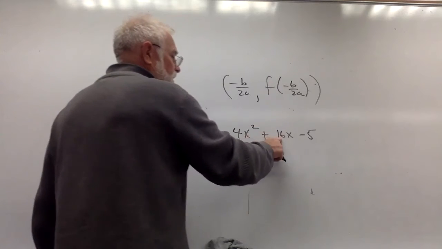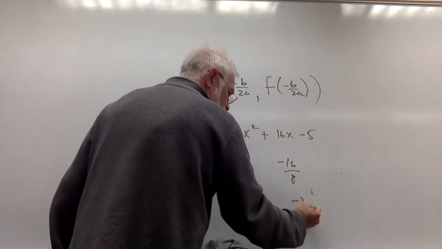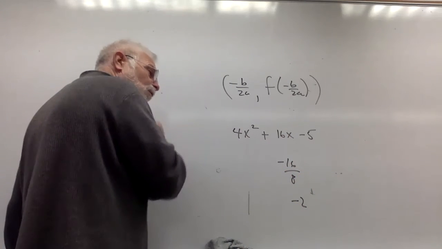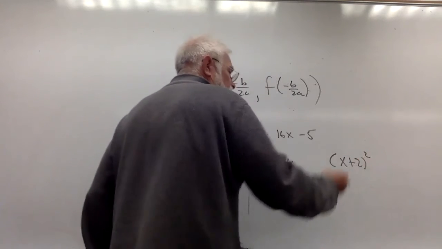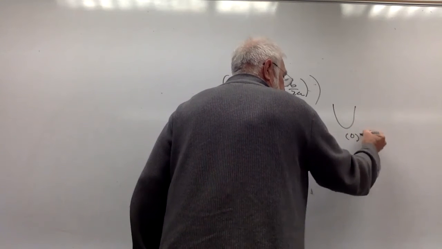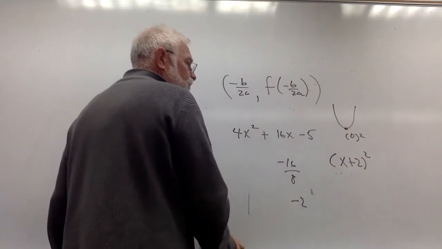So minus b, minus 16 over 2a, 8. So we now know negative 2 is the x value. That's important. So we're going to say x plus 2 squared. You might want to explain that 0 squared is the smallest number you can get, and that's a minimum. So it's going to happen at negative 2.